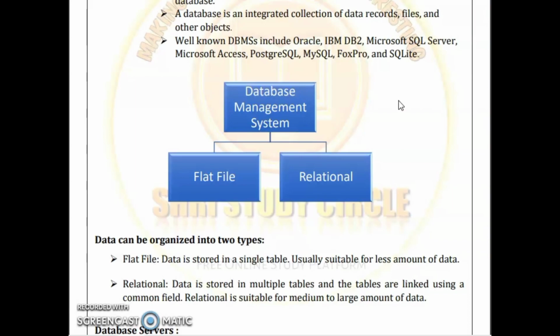For example, suppose I am having these two tables. In this table, let's say I have created four different fields, or we can say columns: roll number, mobile number, name, address, age and everything.